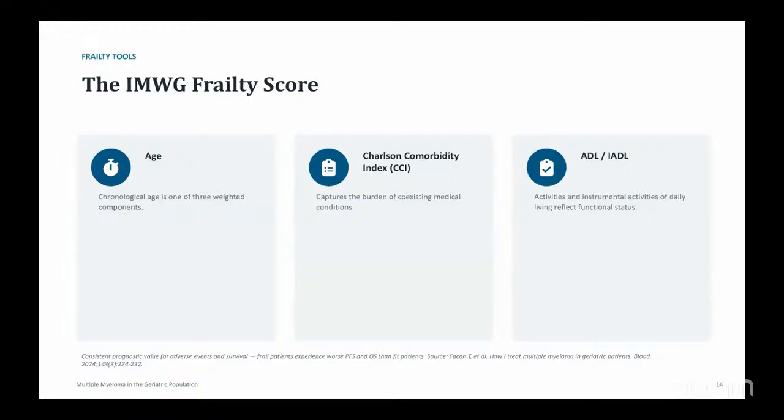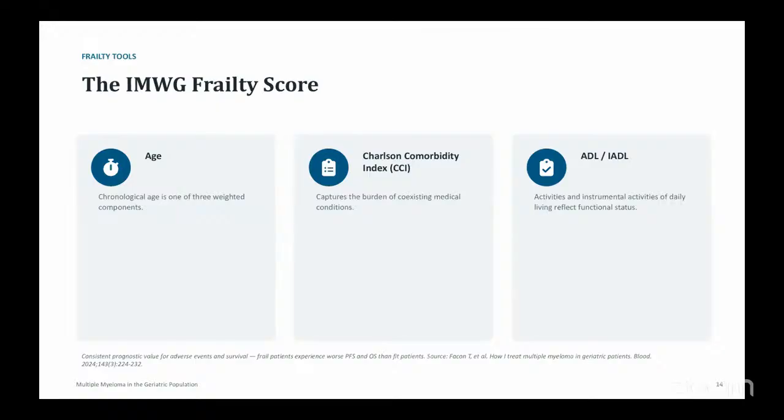Now, for us to assess frailty, there are a couple of scores that are available. One of them is the International Myeloma Working Group frailty score, or the IMWG frailty score.